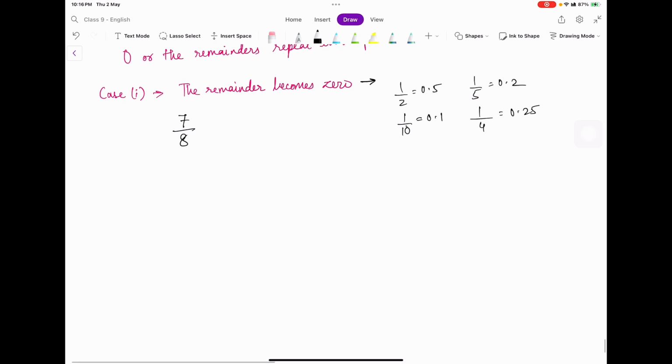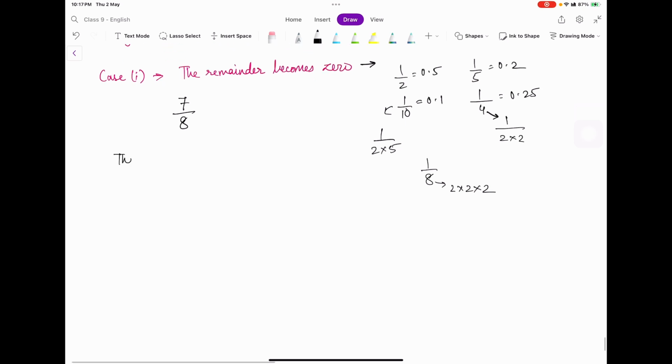What you can infer is, this 10 you can write as 2 into 5. This 4 you can write as 2 into 2. 1/8 also, this is what you can write, 2 into 2 into 2. Okay, so this is a pattern.